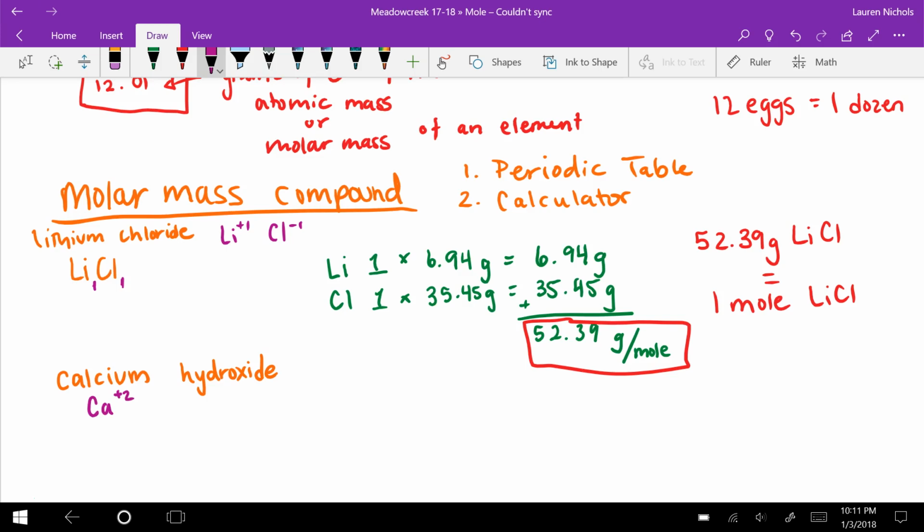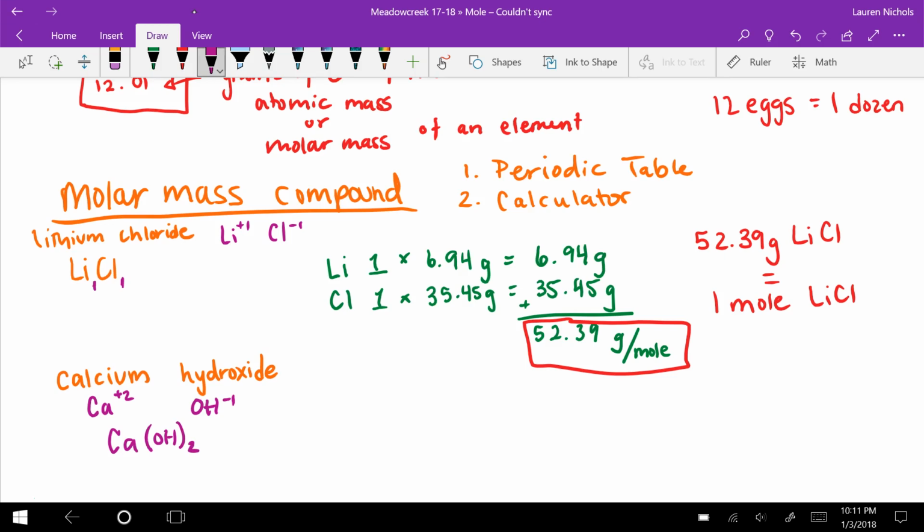And hydroxide is a polyatomic ion, which is found on the back of your periodic table, and it is OH with a -1 charge. And so with a +2 and a -1, we're going to need to cross and drop our charges. So we will get calcium, and we'll put hydroxide in parentheses with a 2 outside it, showing that I have 2 of everything inside the parentheses.